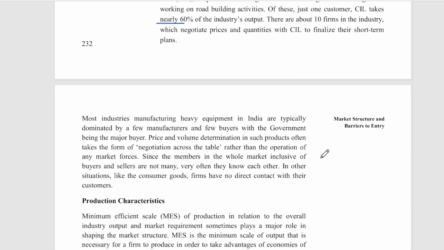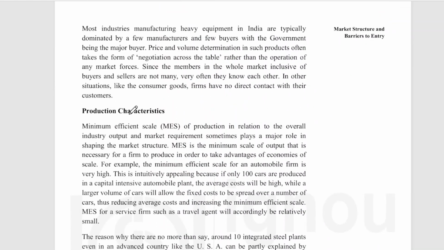So there are about 10 firms in the industry which negotiate prices and quantities with CIL to finalize their short-term plans. Most industries manufacturing heavy equipment in India are typically dominated by a few manufacturers and few buyers, with the government being the major buyer.